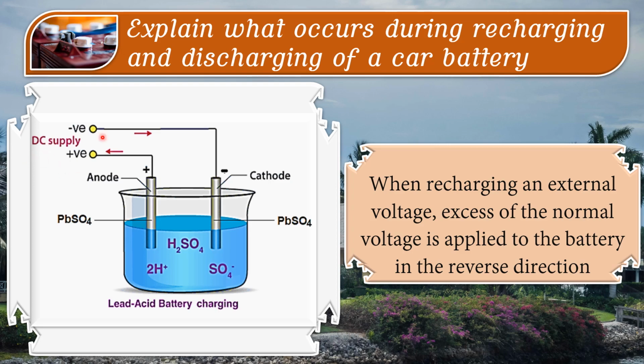And this voltage is above the normal voltage, which always goes out of the normal cell or battery. So we shall force the voltage to go in the opposite direction into the cell, and this is going to cause the battery to charge.